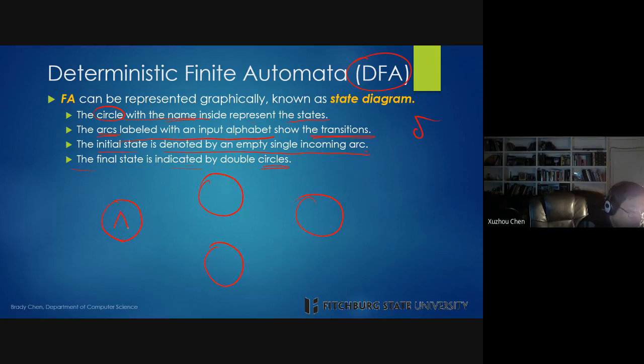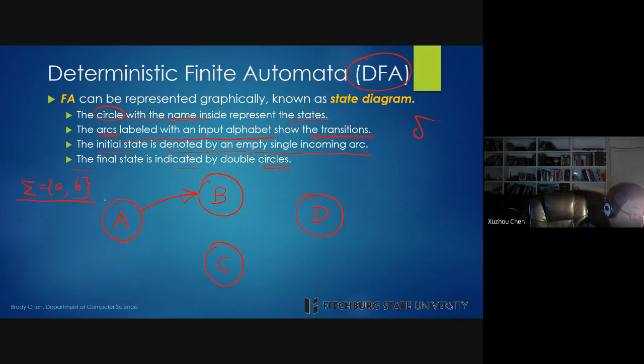The first state I name A. The other states I name B, C, and D. Now the arc: I go from A to B. Let's say sigma is A and B. I build a finite automata over the alphabet A and B. The arc labeled with the input alphabet shows the transition.